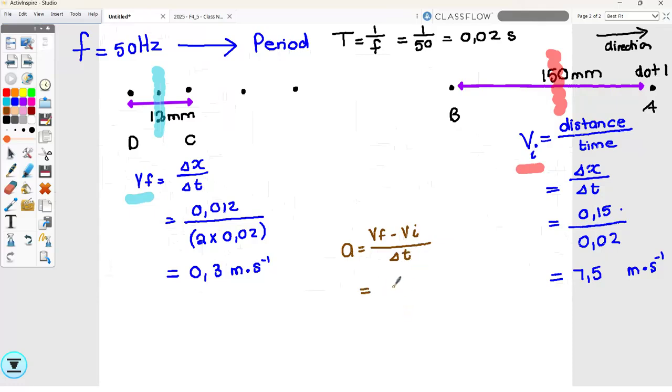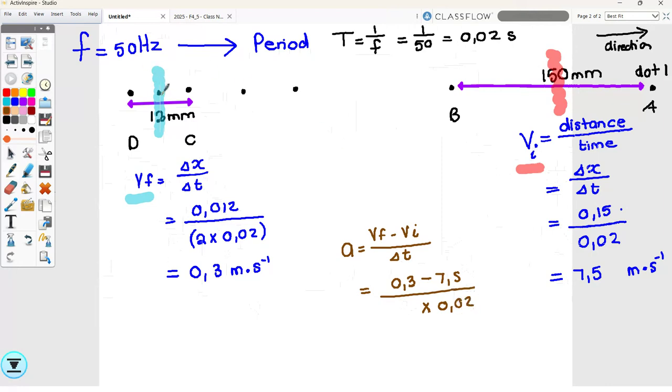VF is 0,3 minus VI, which is 7,5, over. Now this is where people lose marks. Because now I need to decide how many times 0,02 do I need.